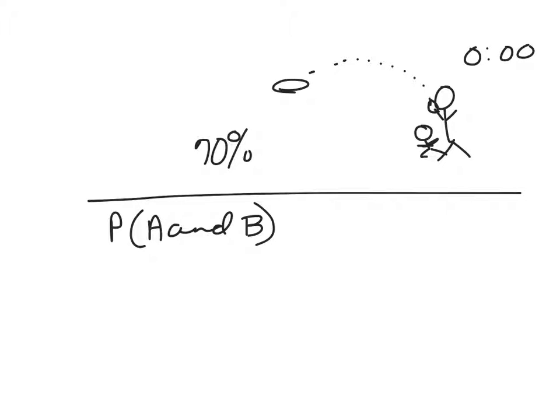To do the last problem, we'd be looking for the probability that Jimmy makes the first free throw and makes the second. 2 events happening in succession.